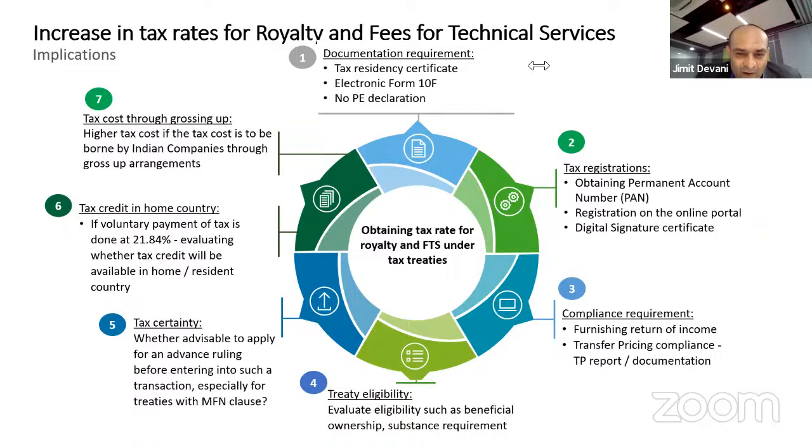If the foreign company is not filing the return, can the Indian company be considered an agent and proceeded against accordingly? Under Section 163, yes, the Indian company can be proceeded against if they are not able to recover the taxes from the foreign company.